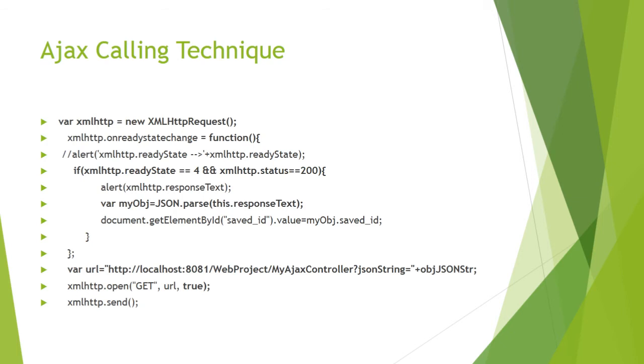Here I am checking when the ready state is 4. 4 means it is complete, and the status is 200, meaning the response code sent by the HTTP request is 200, which means the process has ended successfully, and then you can display the response text. This is the returning string from the server.